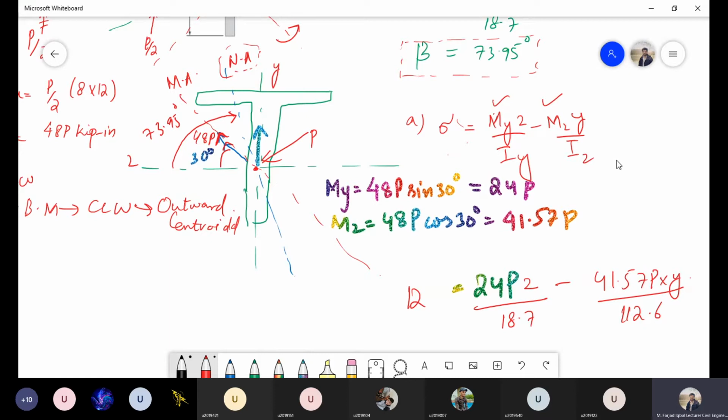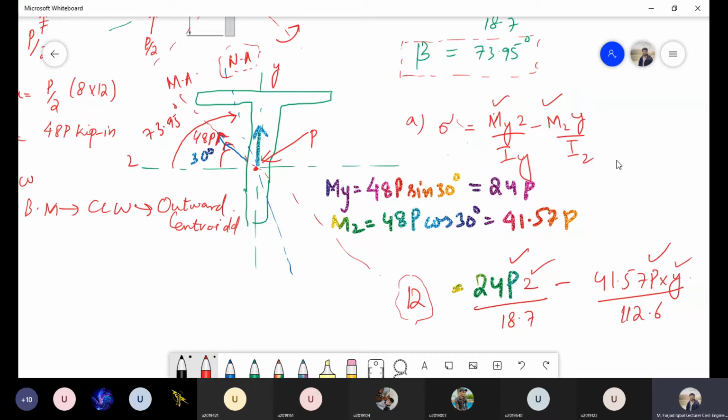So now we have all these factors, and I need to find the maximum value of load P, because I have been given a working stress, which is usually the maximum bending stress. Now to find the maximum value of P or maximum value of bending stress, when will this maximum value occur? When I substitute the parameters z and y in such a way that both these terms add up.